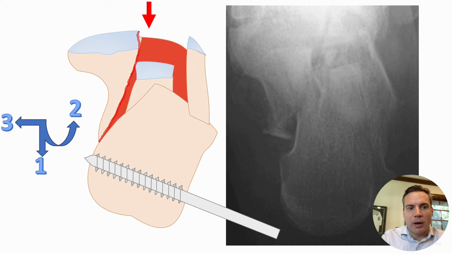And preloading K-wires involves placing a K-wire into the tuberosity piece, like so. And what that allows us to do, because you look at this and think, gosh, what's the purpose of putting that wire in that place?